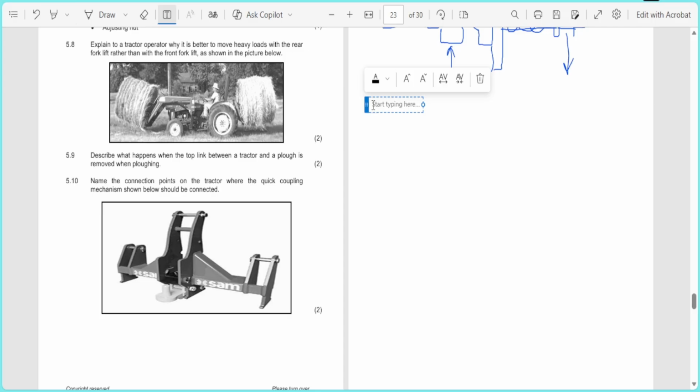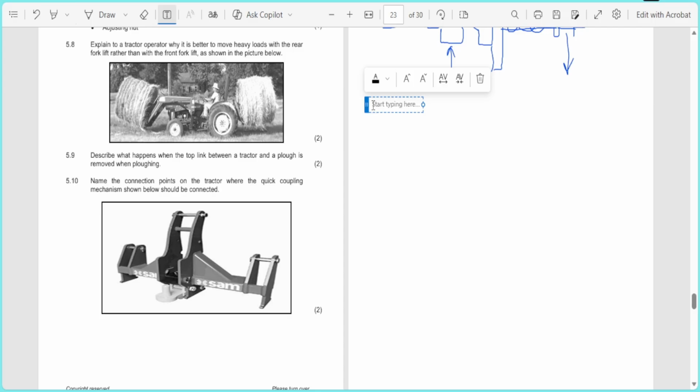If you take a look at the shape of a tractor, the front wheels are smaller in size compared to the ones in the rear. The rear wheels are larger, heavier, and specifically designed for carrying loads. The front wheels are for steering. Lifting heavy loads at the front raises the center of gravity dangerously and unweighs the rear wheels where the engine weight is.